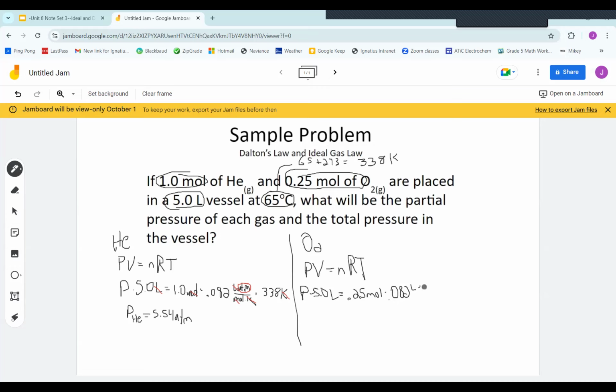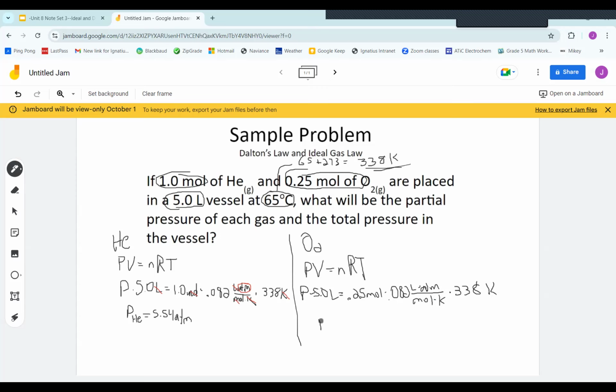And those goofy units, you should pay attention to those. Those are important. Liters, atmospheres over moles times degrees Kelvin. And the oxygen was kept at the same temperature that the helium was. So if you figured out 65 Celsius is 338 Kelvin, you can just use that same value again.